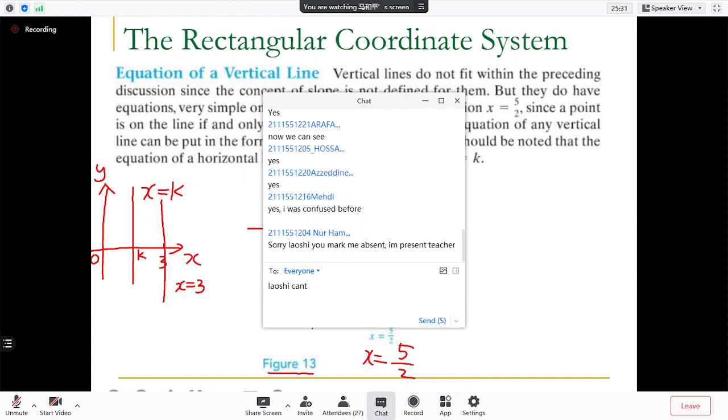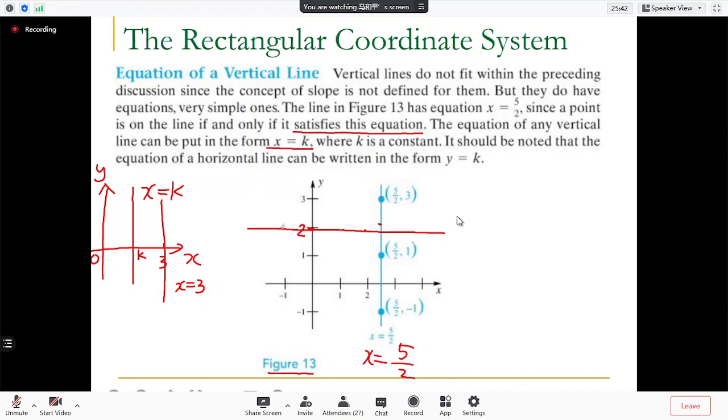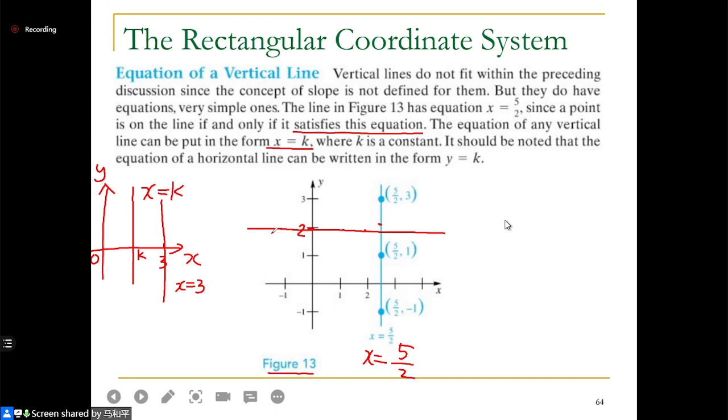It should be noted that the equation of a horizontal line, for example this line, any point on it has y coordinate 2, right? So this line we can write as y is 2.